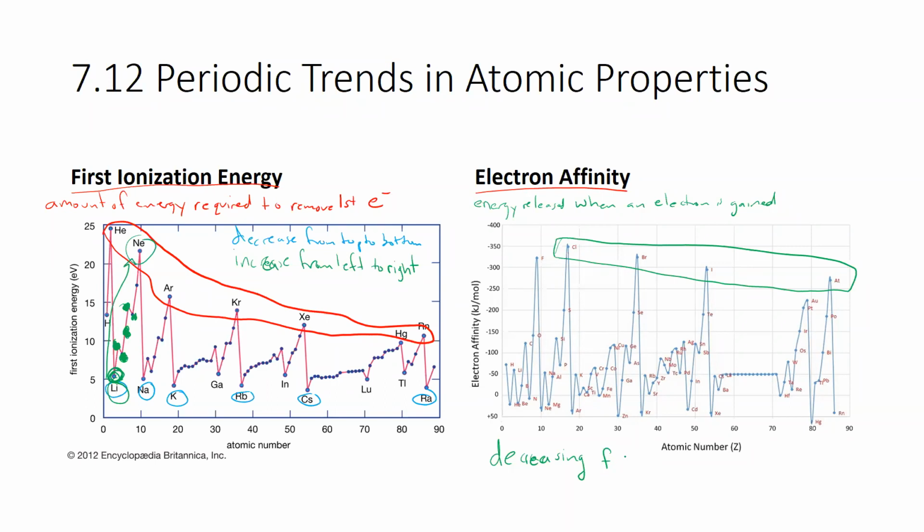So it doesn't fully follow the trend for the first 2 periods of the periodic table. Fluorine, for example, is the most electronegative element, and it's very small. Again, electronegativity is a trend we're going to look at later, and atomic size is a trend we're going to look at a little bit later. Those 2 things have a lot to do with how the atom will gain or lose energy as it gains or loses an electron.